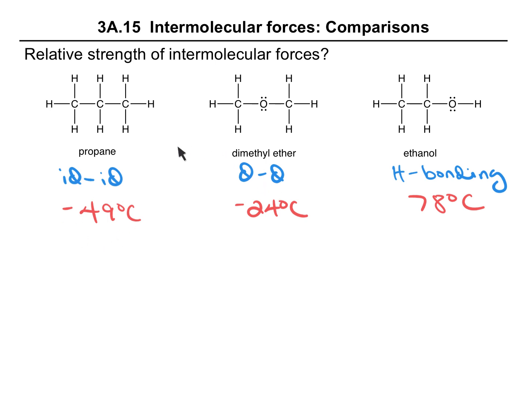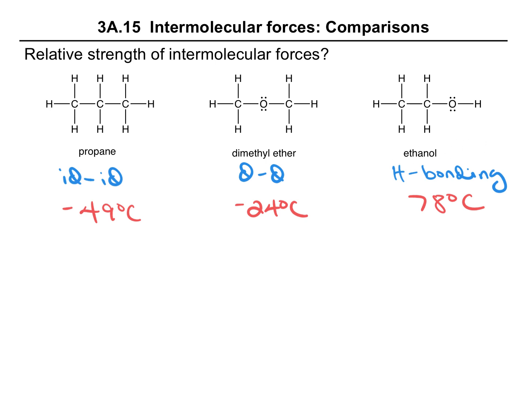Dipole-dipole interactions are stronger than induced dipole interactions because more energy is required to break apart the dipole-dipole interactions. And then hydrogen bonding interactions must be stronger than the dipole-dipole because a lot more energy is required to interrupt the hydrogen bonding and to separate these molecules.